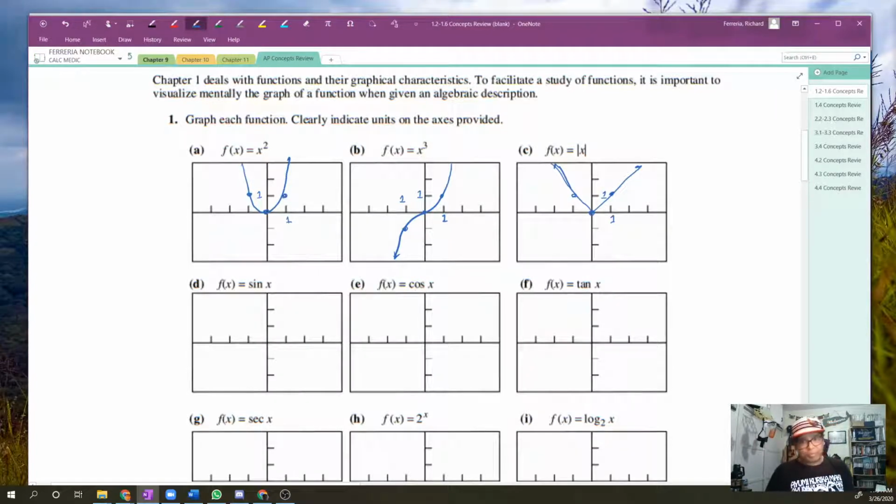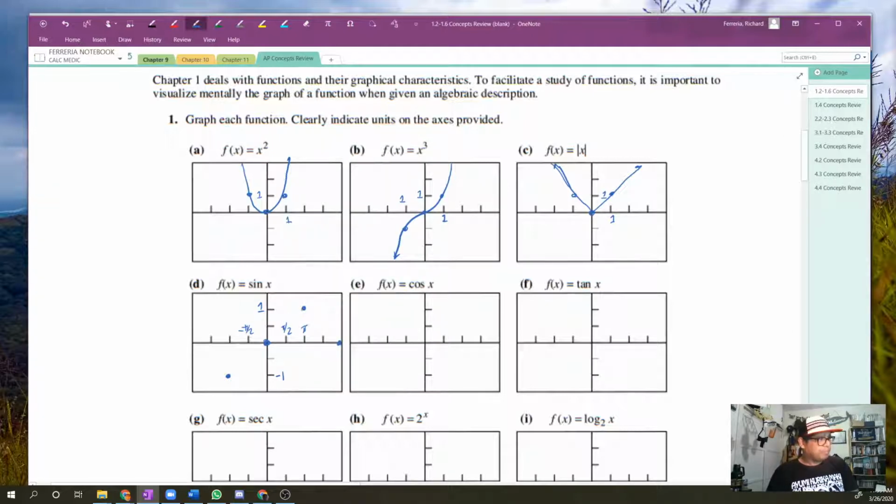Sine of x. You're going to have to do a little bit more work on this one. So I'm going to make this positive 1 and negative 1 over here. And then let's make this pi, which would make this one pi halves, negative pi halves, etc. And let's remember, for the sine function, sine of 0 is 0, sine of pi is 1, sine of negative pi is negative 1, and then sine of 2 pi is 0 again.